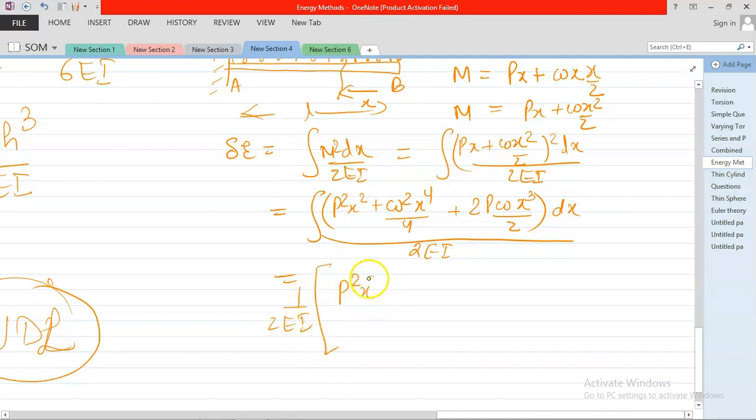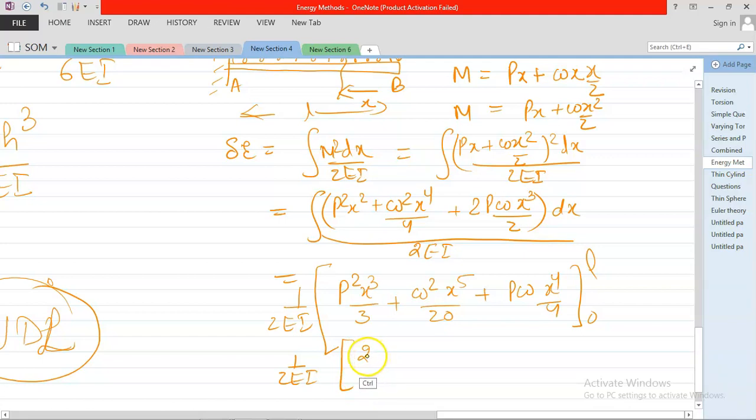Integrating: P square x cube upon 3 plus W square x to the power 5 by 20 plus, 2 and 2 would cancel, PW x to the power 4 by 4, from 0 to L. Putting x equal to L, the value would be P square L cube upon 3 plus W square L to the power 5 by 20 plus PW L to the power 4 by 4.